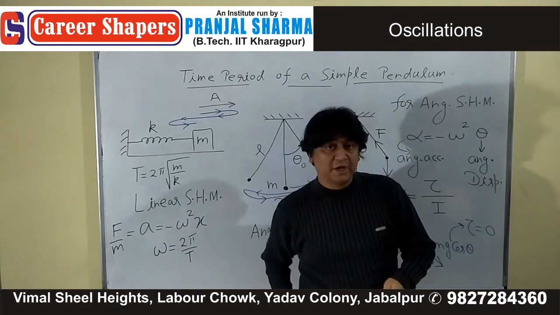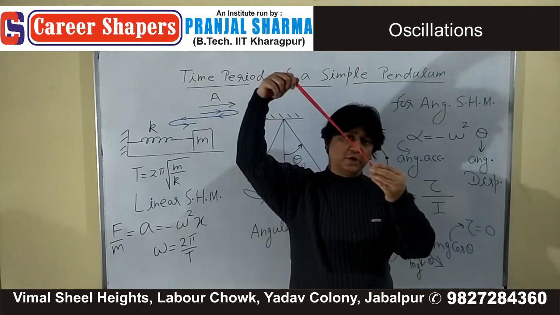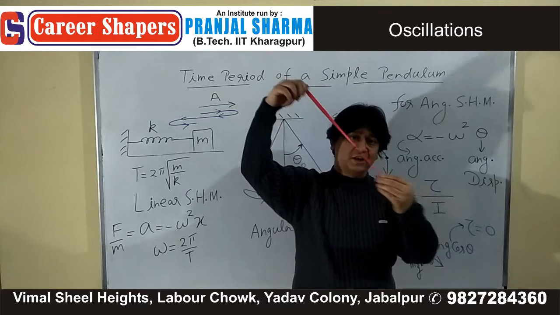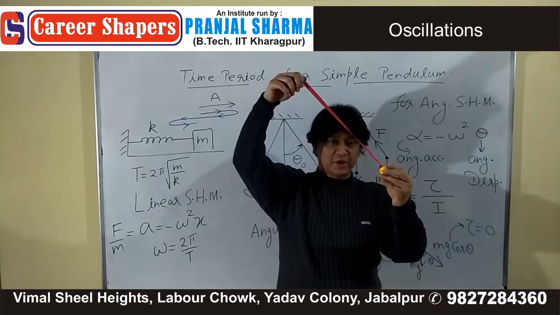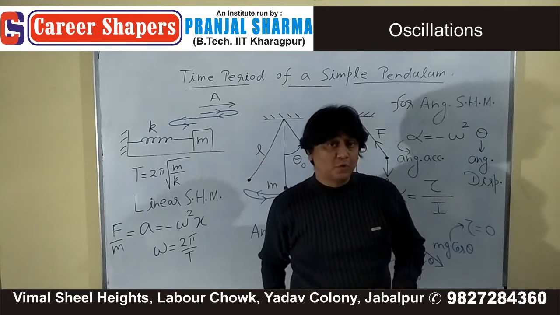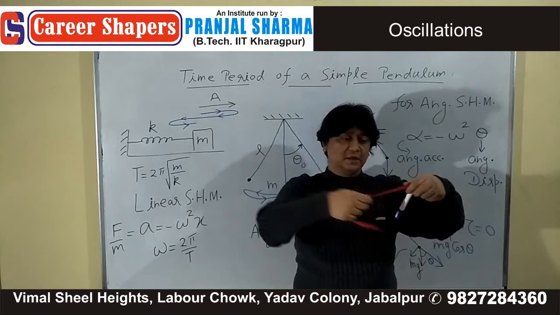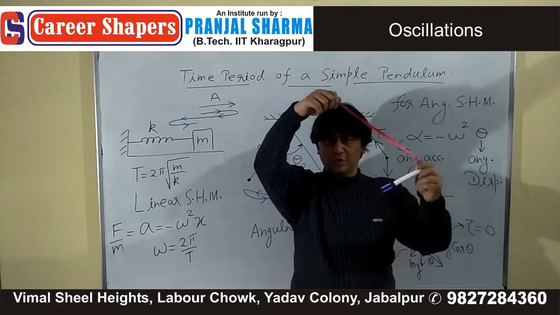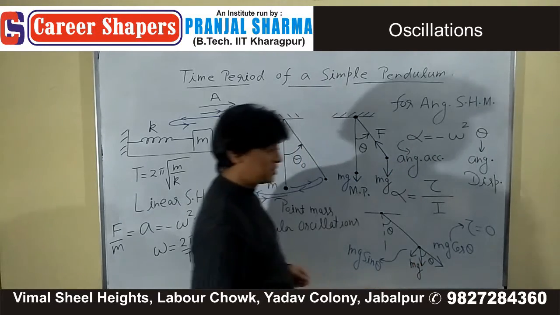The mg cos theta is trying to pull the whole thing along the length itself. It doesn't produce any restoring torque. What force has the tendency to move the ball towards the mean position? This mg sin theta.